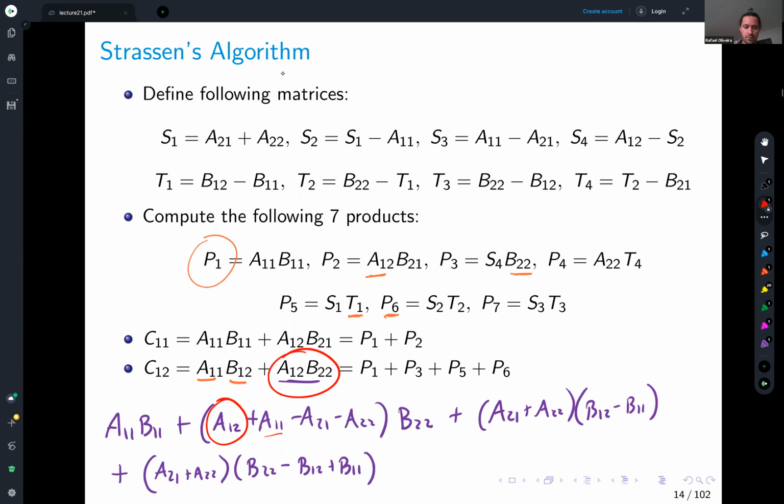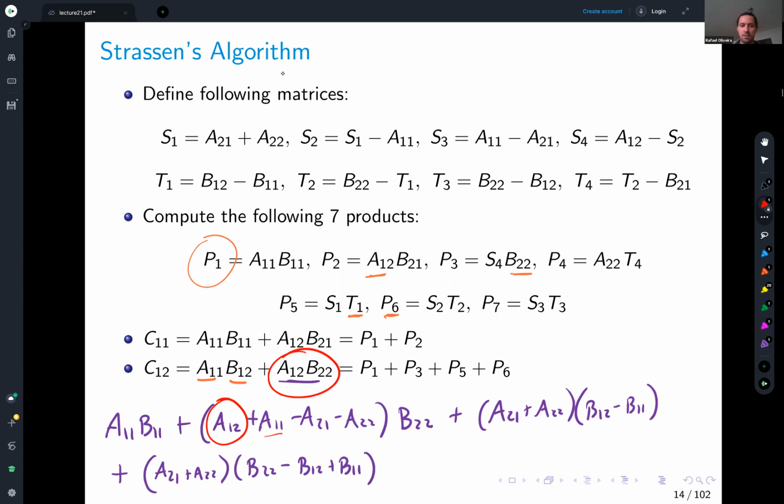And then we have, I think, so this is A11 times B12. It's not showing up here. Sorry, let me see if I did something wrong.